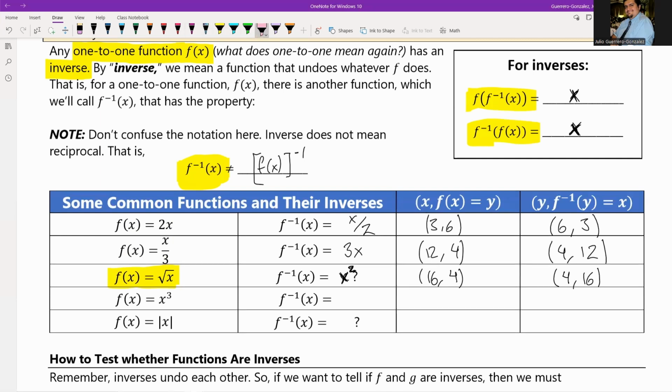Now, I'm going to highlight this in red because this is actually going to be a problem, okay? And this is the problem that we have to clean up at the end of the section, okay? Next one.